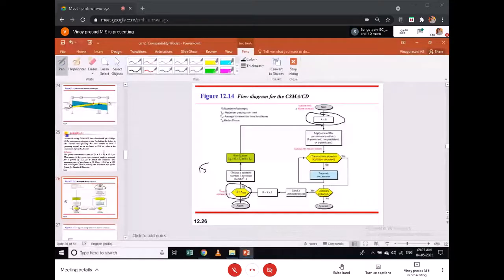That is what this K is used for in every algorithm. I initialize that variable to 0 and I use any of the persistence methods. I sense the channel and behave the way a host should: either send immediately, wait a random number of slots, or use the p-persistence method.